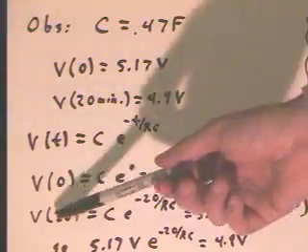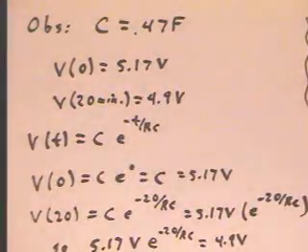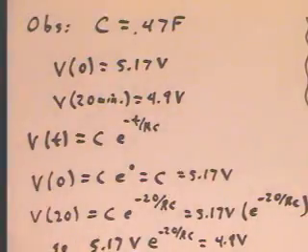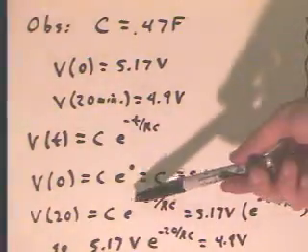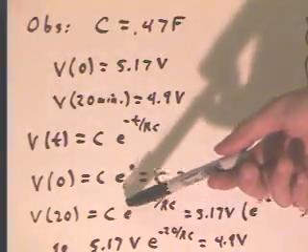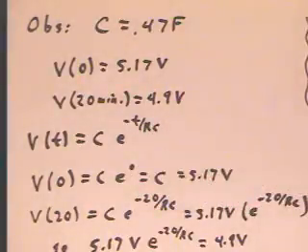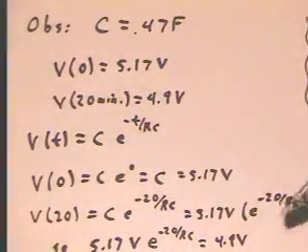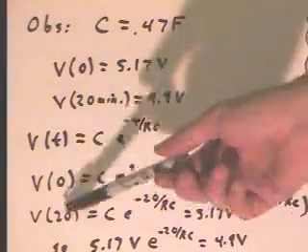Now V at 20, and of course this is 20 minutes, equals C e to the negative 20 over RC. Now if C is 5.17 volts, then this is what our voltage ought to be at time t equals 20.